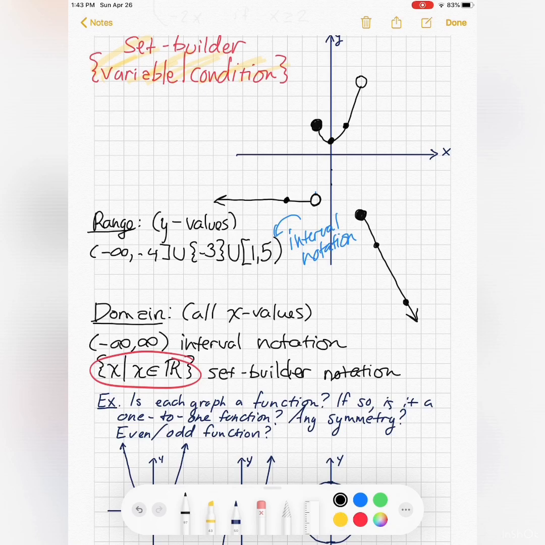Okay, so I'm going to say the set of all the, okay, I'm talking about y now. And then I want to list these inequalities. So y is either less than or equal to negative 4, y is equal to negative 3, or y is in between 1 and 5. So there's my set builder notation.